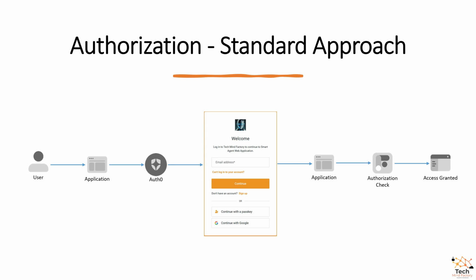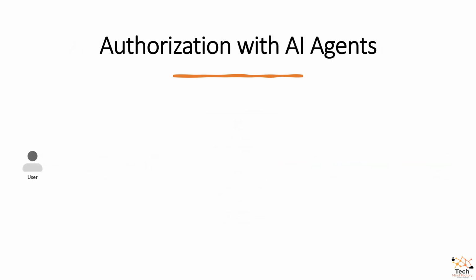And that's great. It works really great for those types of applications like web applications and mobile applications, where we always have a user in front of our application. However, this situation is a little bit different when it comes to AI agents.